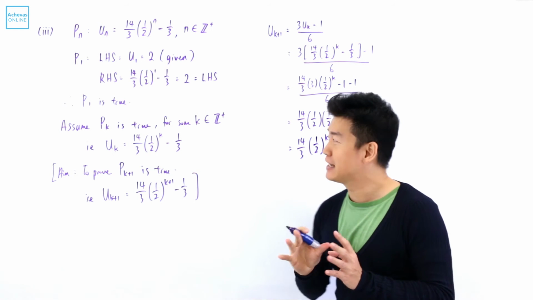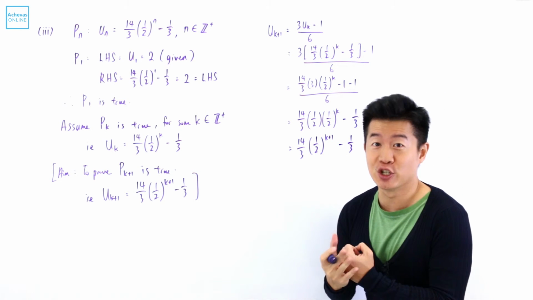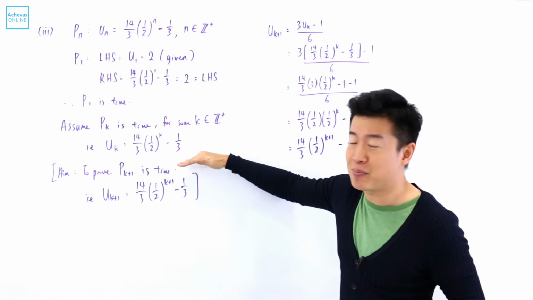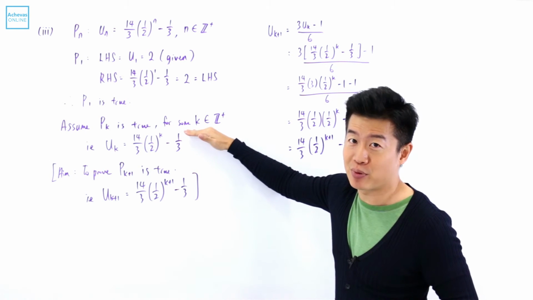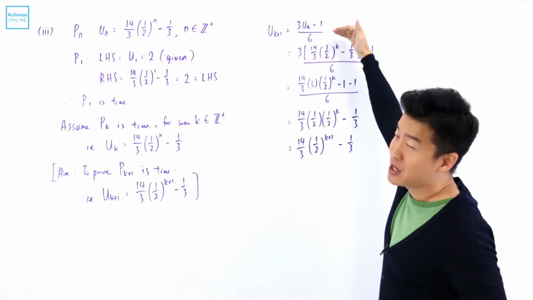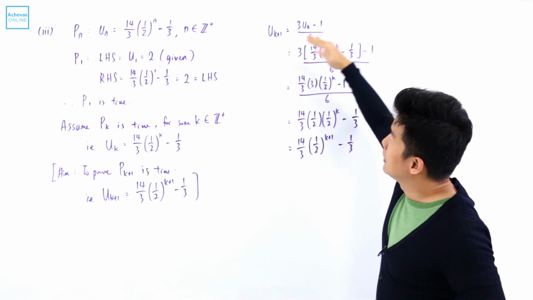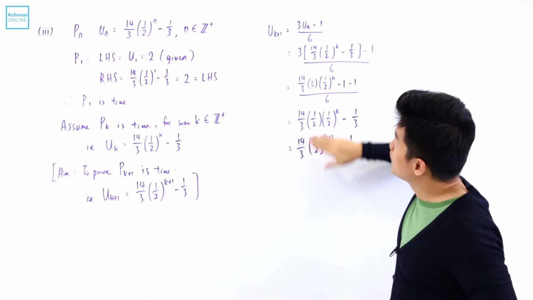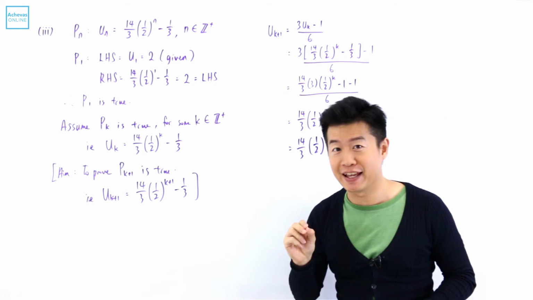What we have just done here is actually to prove a relationship, a relationship that we managed to establish between the Pk plus 1 proposition and the Pk proposition. Because of the recurrence relationship that we have used here, in order for us to prove that Uk plus 1 is true, we have made use of the fact that Uk is true.